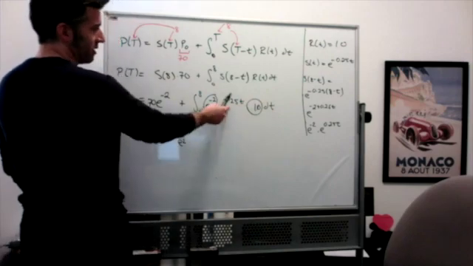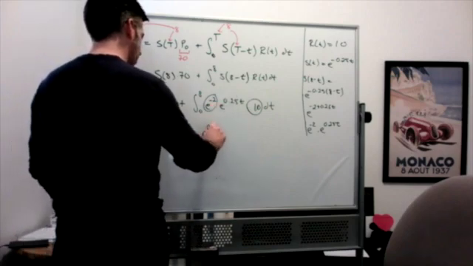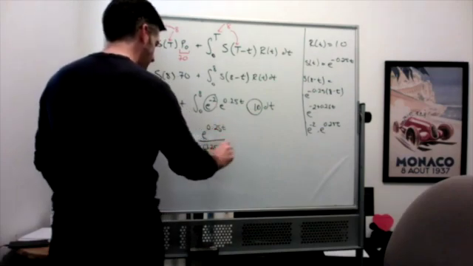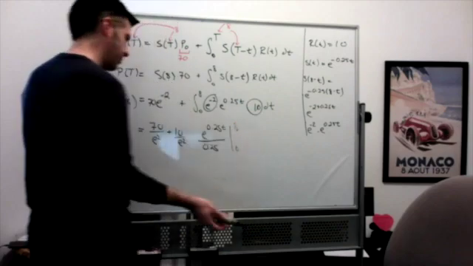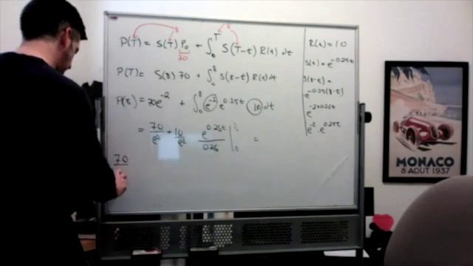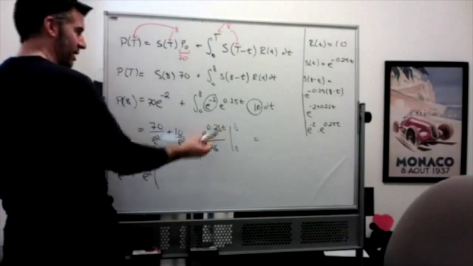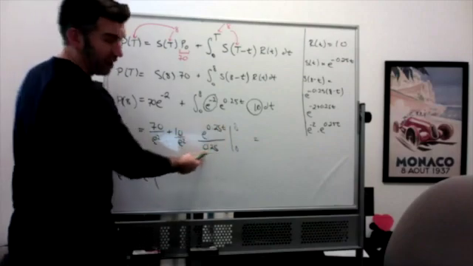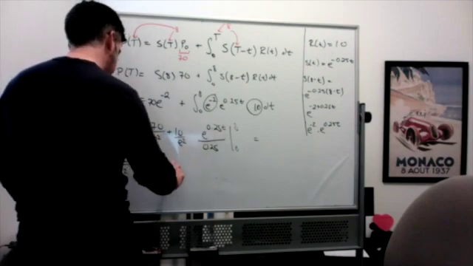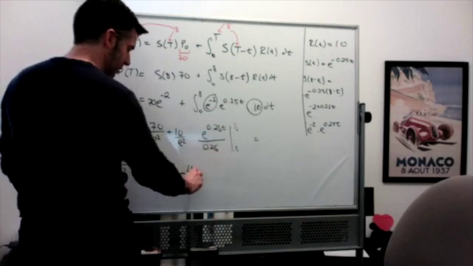And then the integral of e to the 0.25t is going to be e to the 0.25t divided by 0.25 from 0 to 8. So that's going to end up giving me 70 over e squared plus 10 over e squared times, and then plug in 8. By the way, dividing by a quarter is multiplying by 4. So when I plug in 8, I'm going to get 4e squared, minus when I plug in 0, I'm going to get 4 times e to the 0, which is 1.